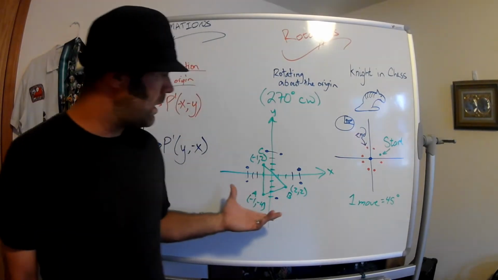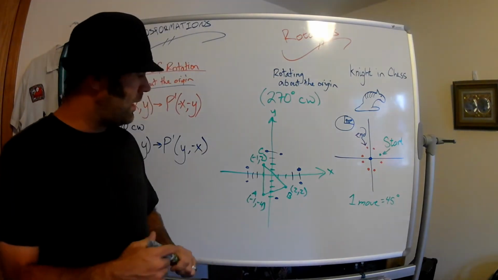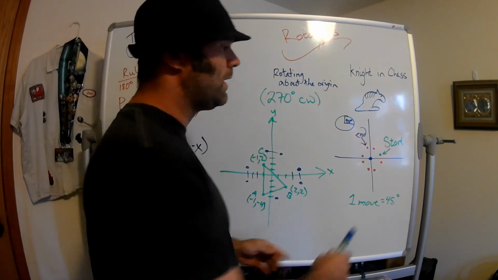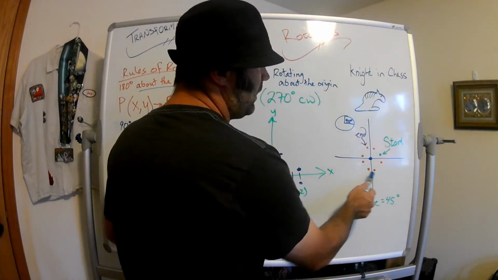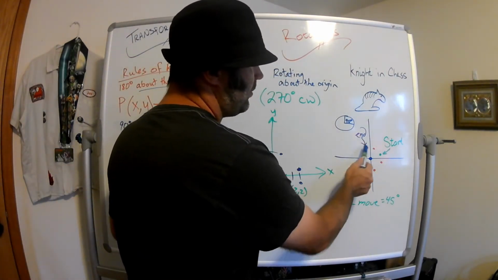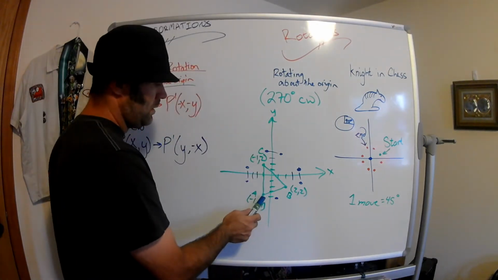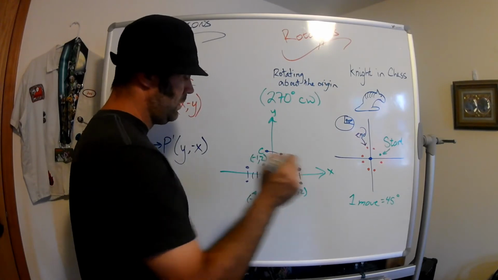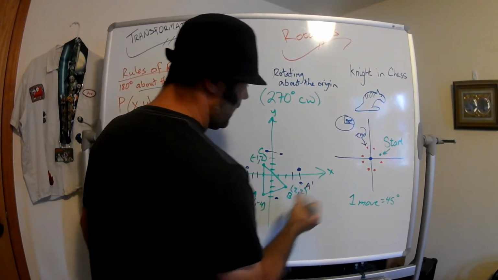We've got our 8 points. Now we can start figuring out where to go. So remember, we're going 6 points around. So here's A, 1, 2, 3, 4, 5, 6. And so there's A prime.